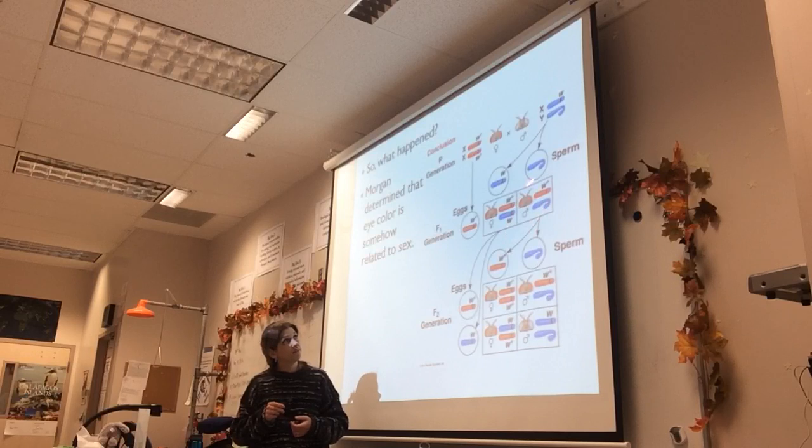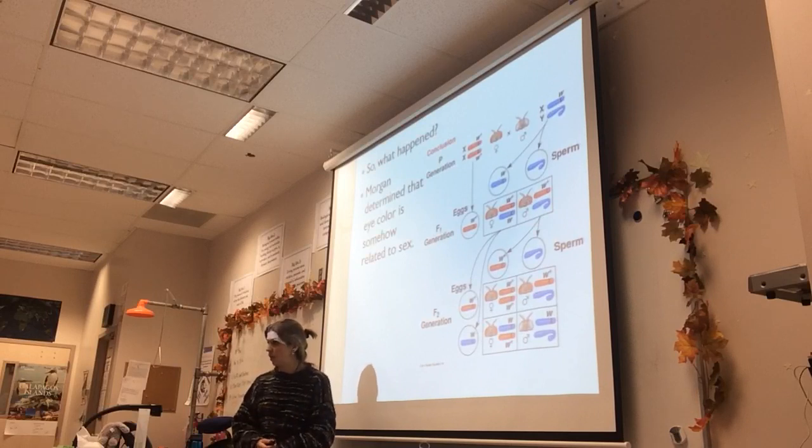Over here, we have the wild type from Mom and the Y from Dad, again red eyes. That is what Morgan found. In that F1 generation, we just had a bunch of red-eyed flies.